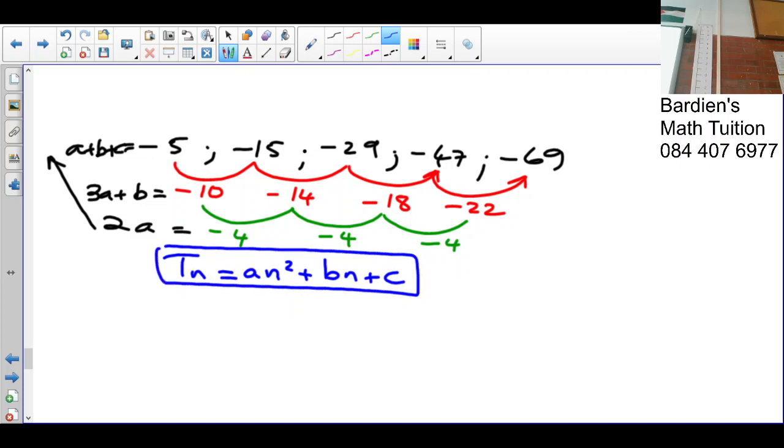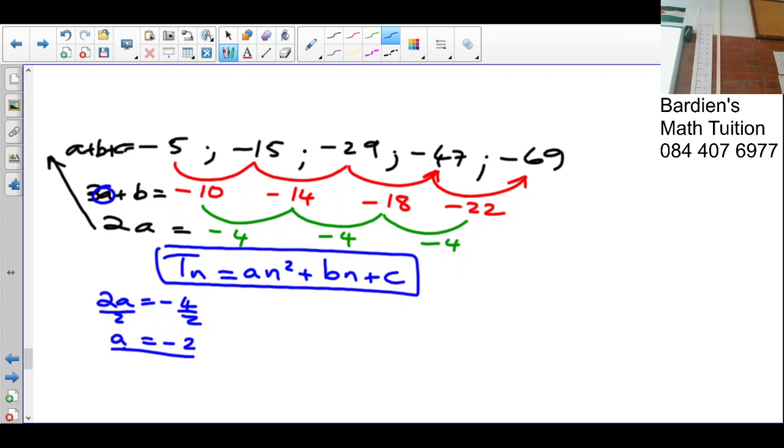Okay? So what do we say here? 2a is equal to negative 4. So divide by 2 both sides. So a is equal to negative 2. Okay? Any confusion here? So what do we do now? We substitute this a in the second one. You guys see that?